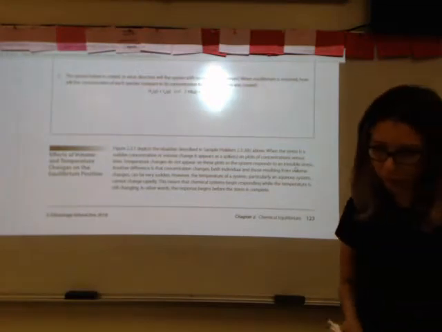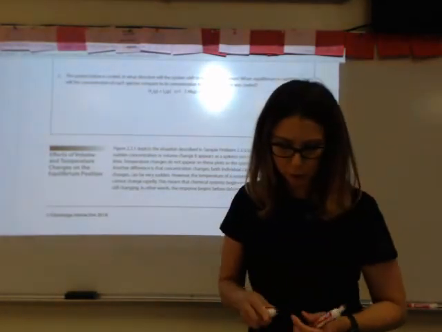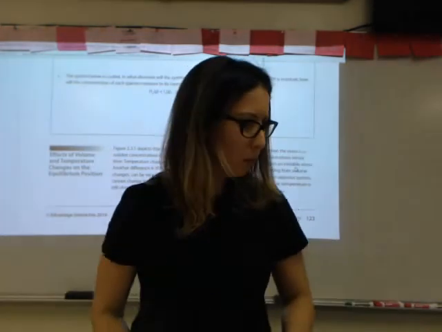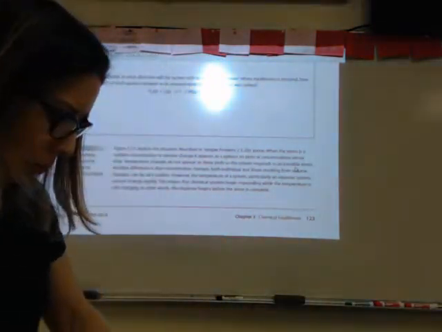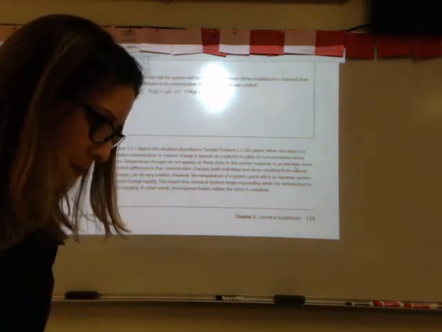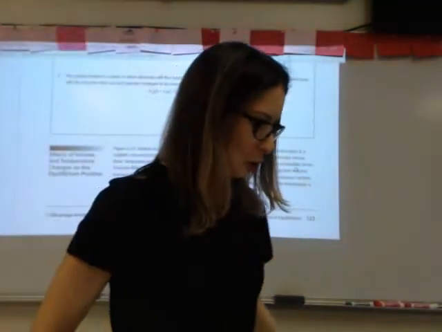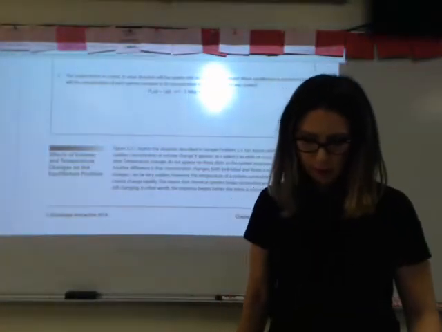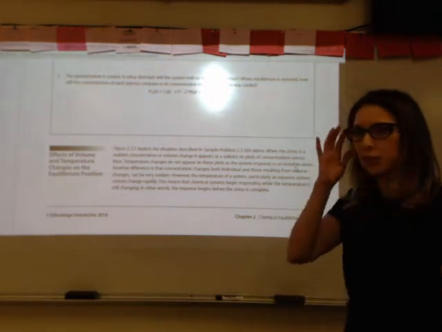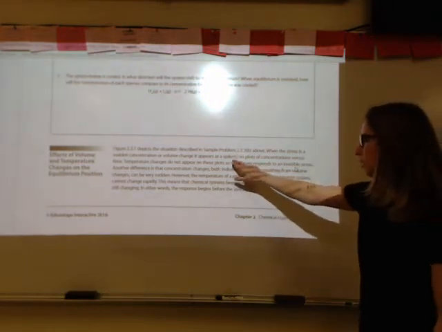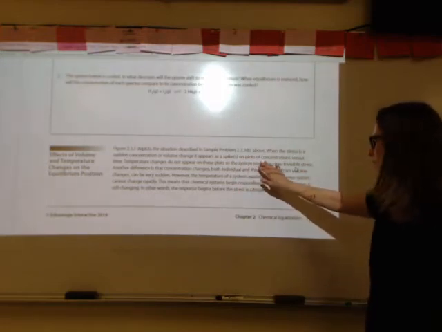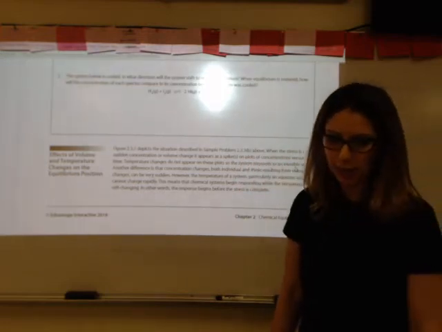Let's talk about the effects of volume and temperature changes on the equilibrium position. When the stress is a sudden concentration or volume change, you're going to see this as spikes on plots, which we've done so far, and I've pointed out to you, of concentrations versus time.